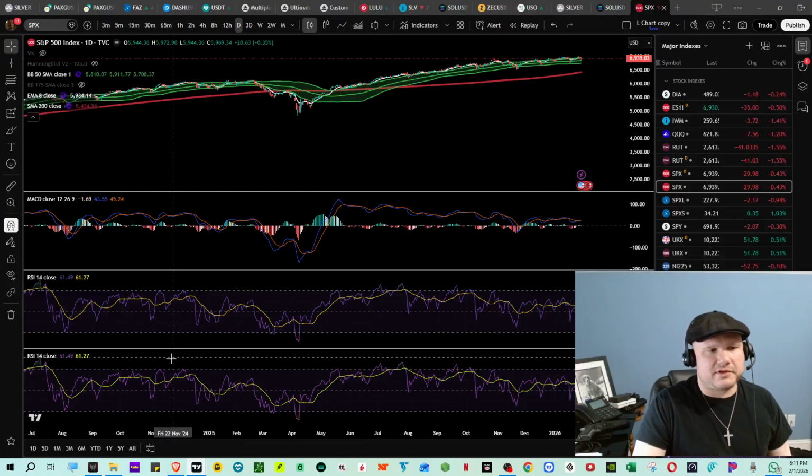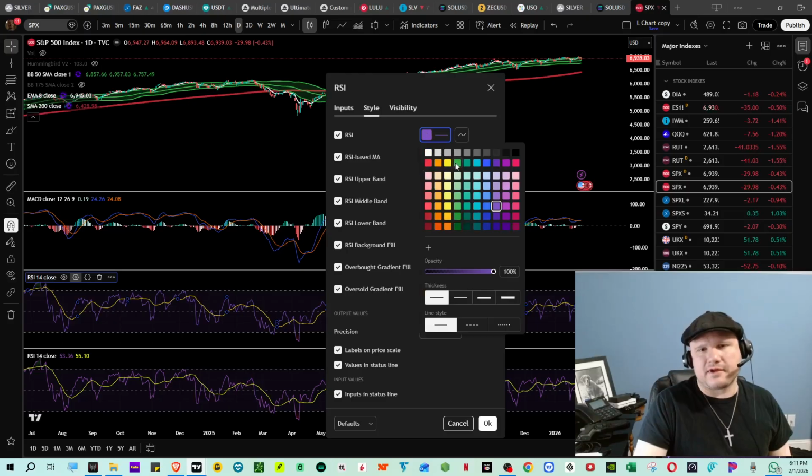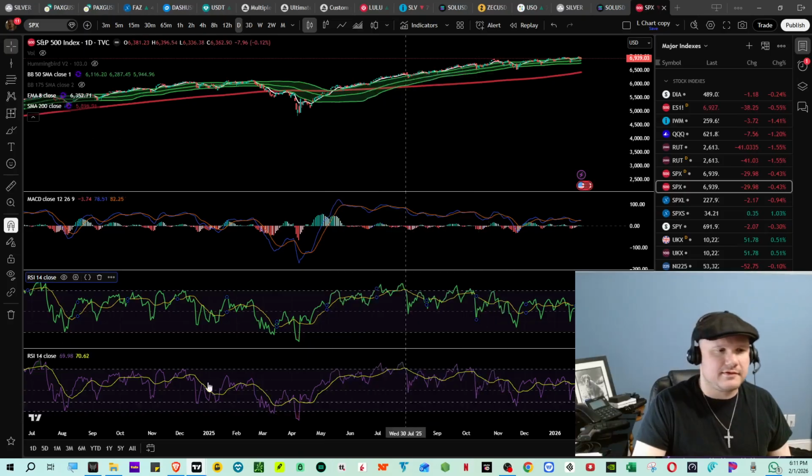I have two relative strength indexes added. For my own eyes, I like to just change the color around so I can see things. It's hell getting old.